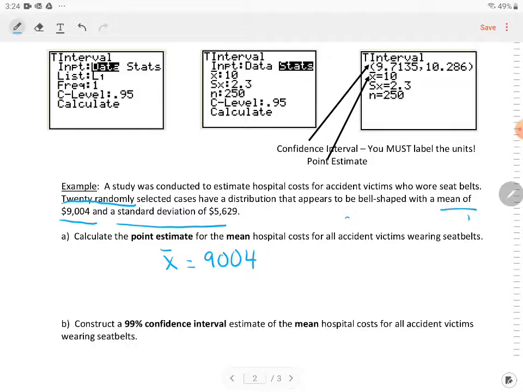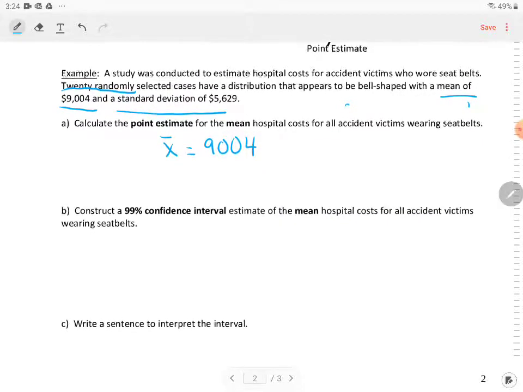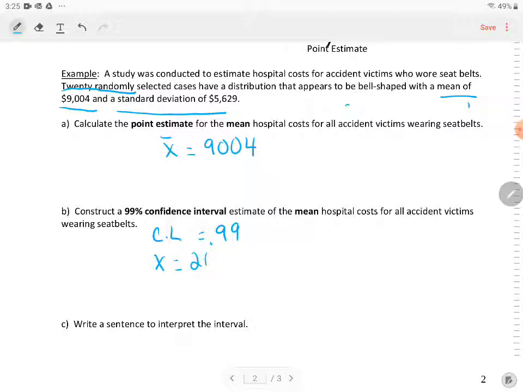Construct a 99% confidence level estimate of the mean hospital cost for all accident victims wearing seatbelts. So what do we need to know? Your confidence level is 99%, which is 0.99. n is equal to 20. The mean is equal to 9,004.